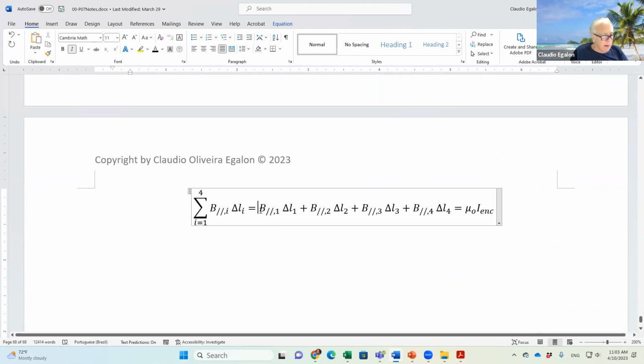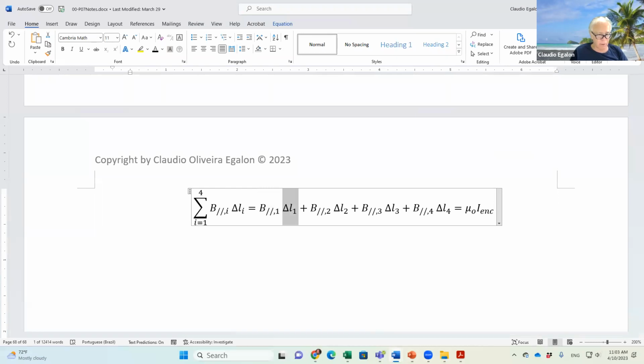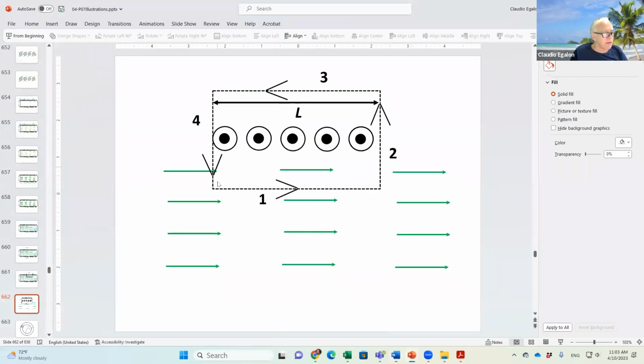But don't forget, this parallel means parallel to the direction of the path. This path, number 1, is in the horizontal, and we do know that there is a horizontal component of the magnetic field along this direction.